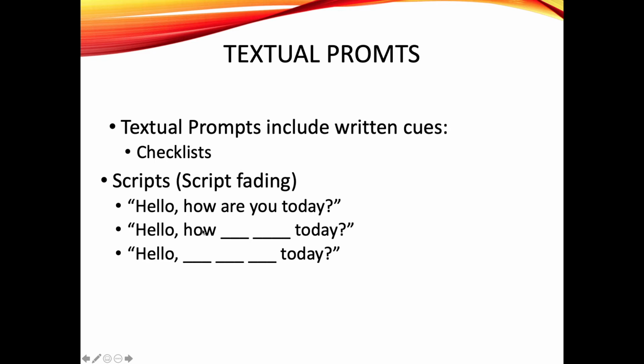You could just simply remove different words. Or I think I've read some papers where they literally cut the script, right? So we may cut it off from the ending here until the individual can recite the script without using the actual script, right? So it's a fading procedure, script fading.